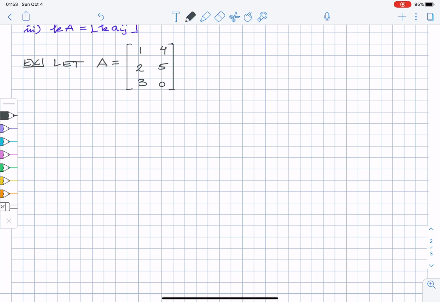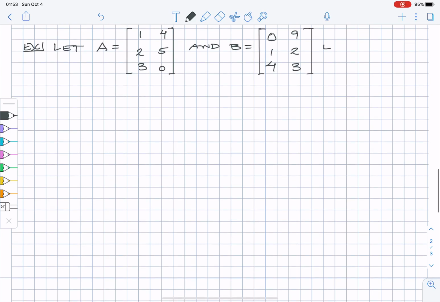And let matrix B be equal to, it has to be the same dimensions in order to add and subtract, so let's do 0, 1, 4 and 9, 2, 3. Okay, so evaluate the following.